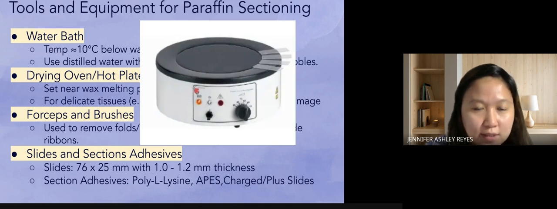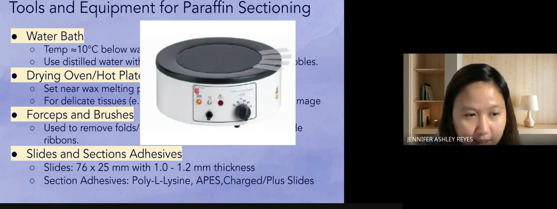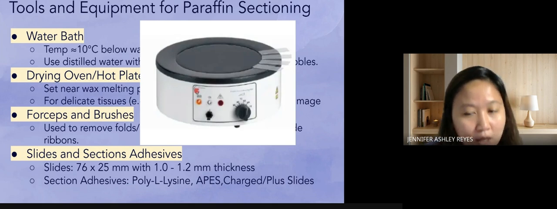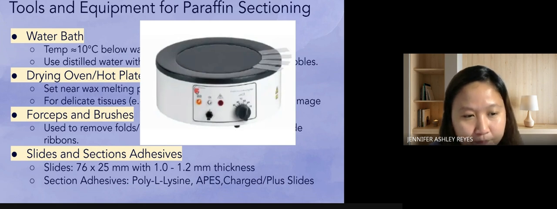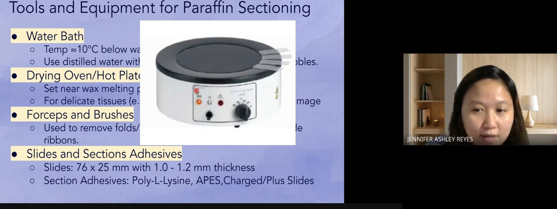So we use distilled water to avoid mineral deposits, because with tap water there are deposits and that can be seen during staining. And then we use detergent or alcohol so that the water surface tension will be broken. Sometimes you add a mixture of albumin, glycerin, and thymol, so that no organisms will grow in the water bath.